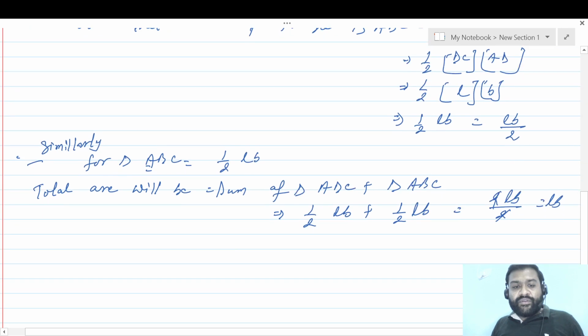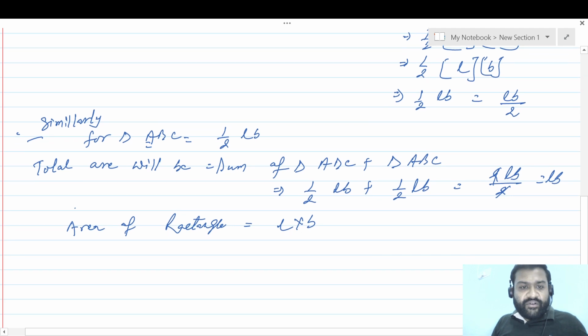So the total area of both the triangles combined becomes a rectangle. Okay, so now we can say that the area of a rectangle is equal to length into breadth.